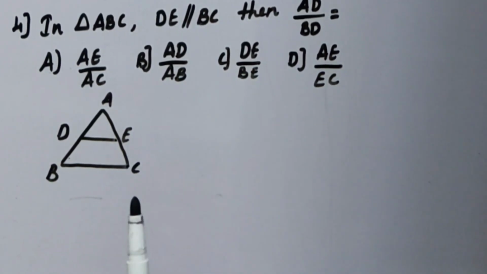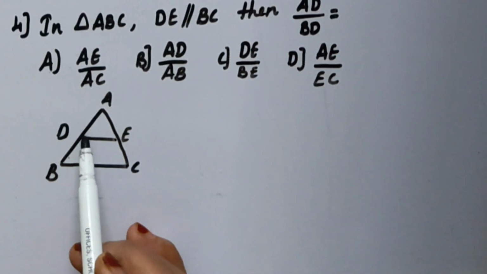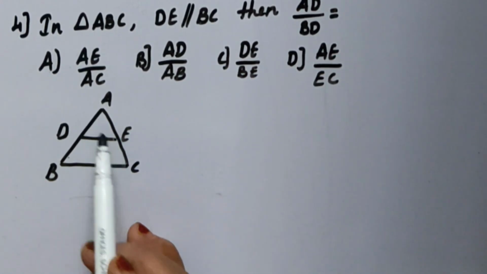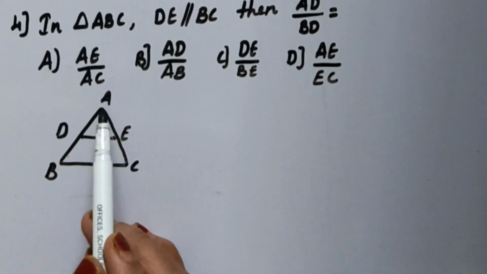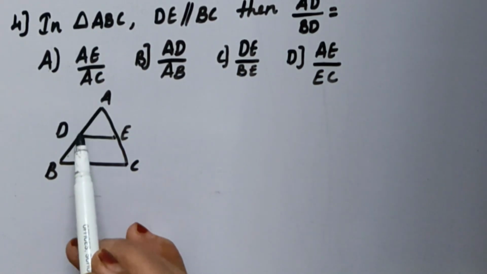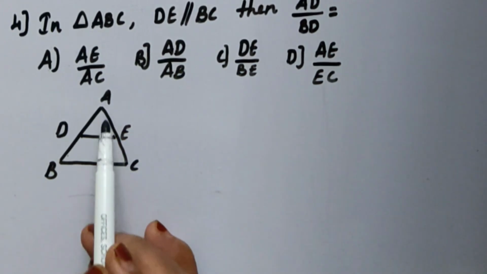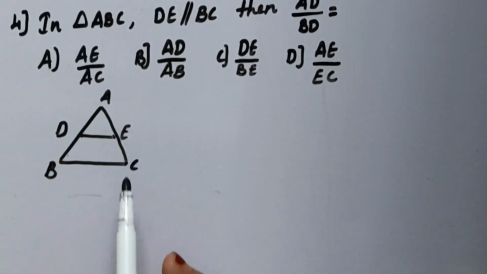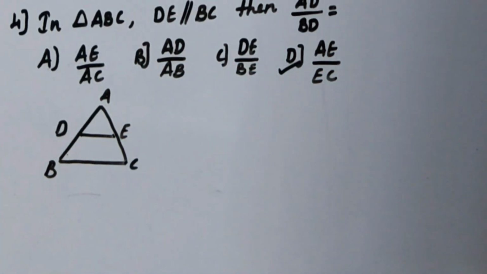That if a line is drawn parallel to one side of a triangle to intersect the other two sides in distinct points, the other two sides are divided in the same ratio. So AD by BD will be equal to AE by EC. So option D is correct, students.